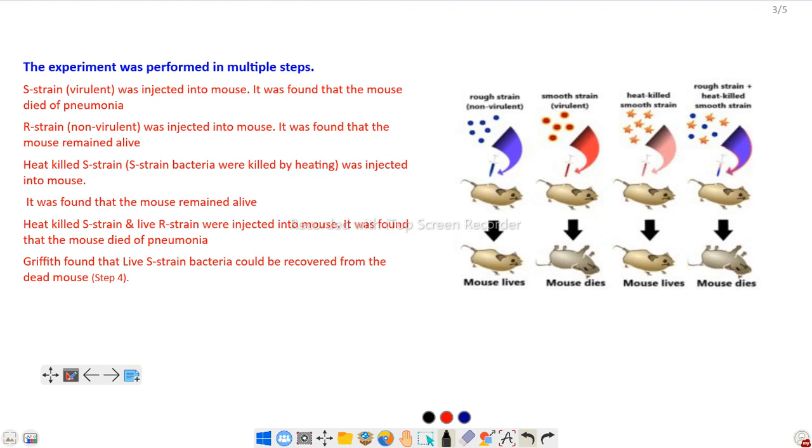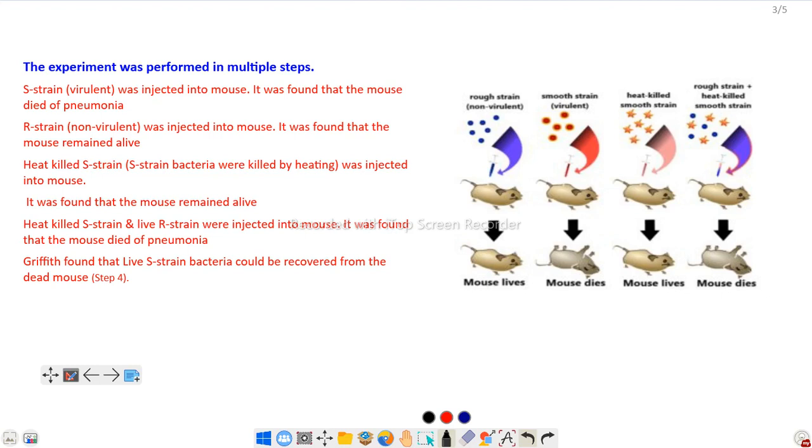In the third step, the S strain or virulent strain was heat killed, and this heat killed strain was injected into the mouse, and the result: the mouse lived. And in his last step, he mixed the heat killed S strain with the R strain and injected it into the mouse, and he found that the mouse died.